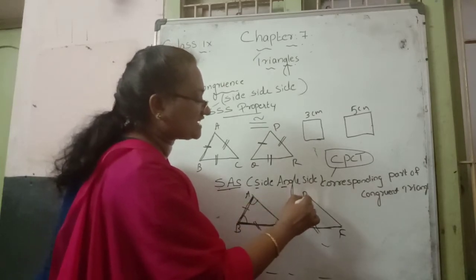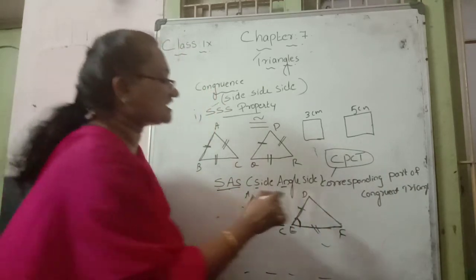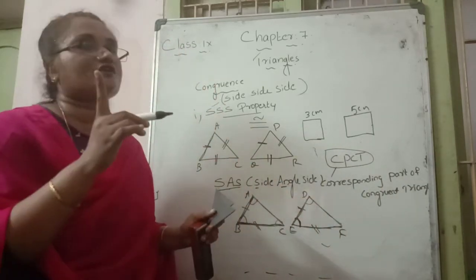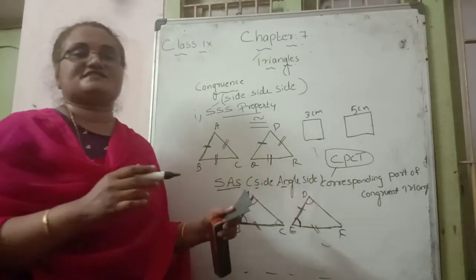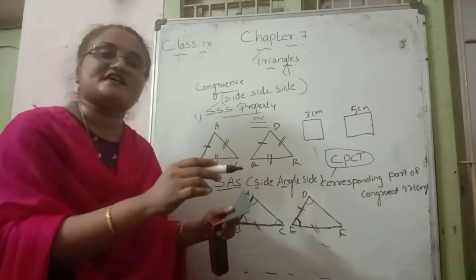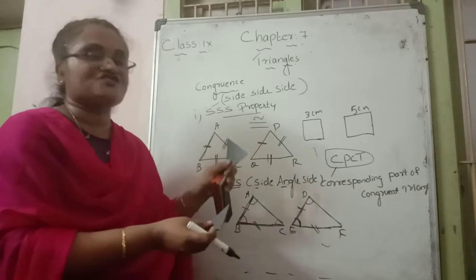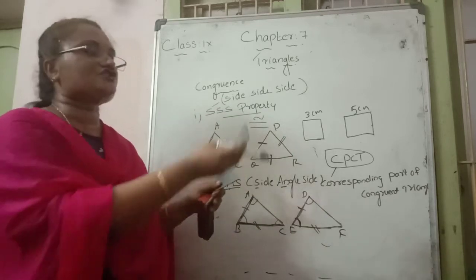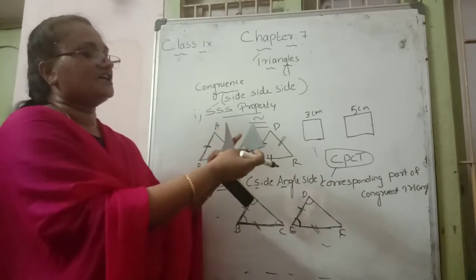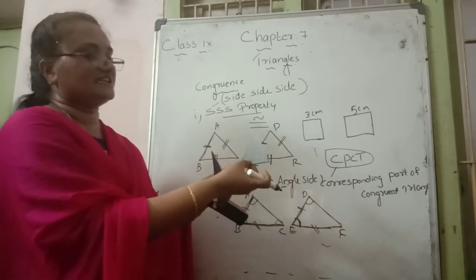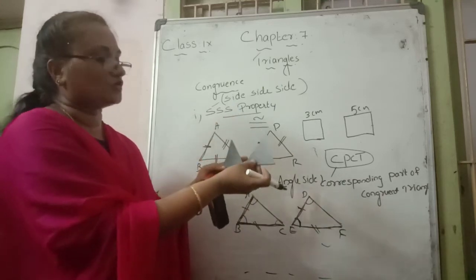With respect to the second triangle, DE and DF are the corresponding sides, and their included angle is D. The letters are not changing; angle D is the only one you consider. So two sides and their included angle in the first triangle are equal to the corresponding two sides and their included angle in the second triangle, and the triangles are congruent.